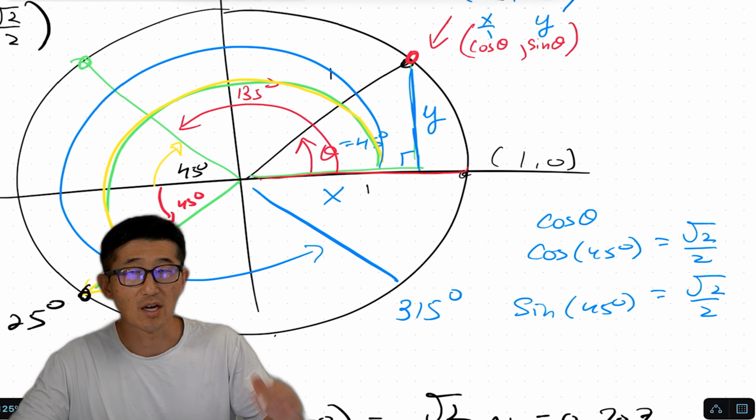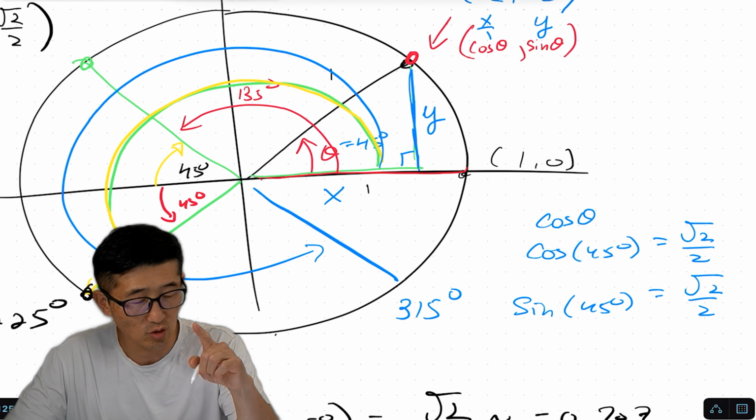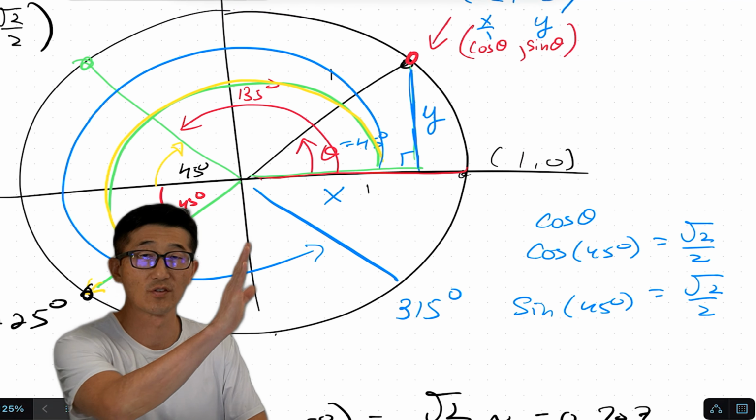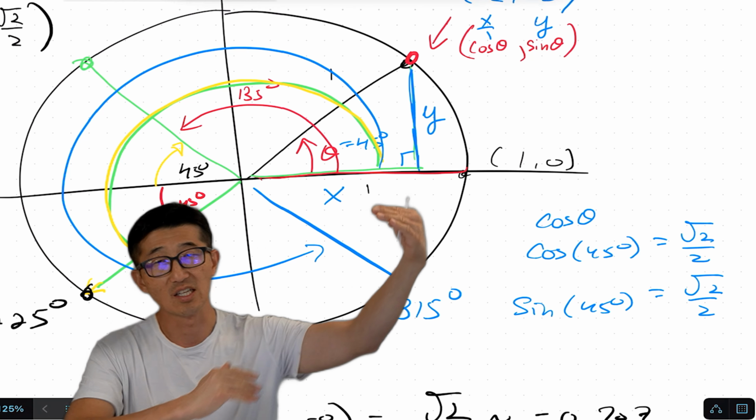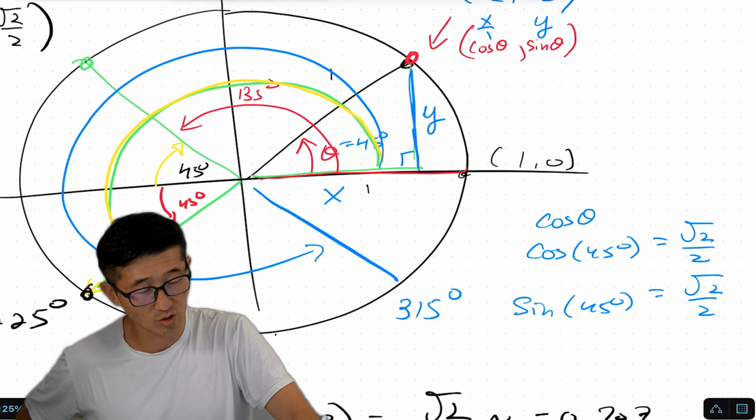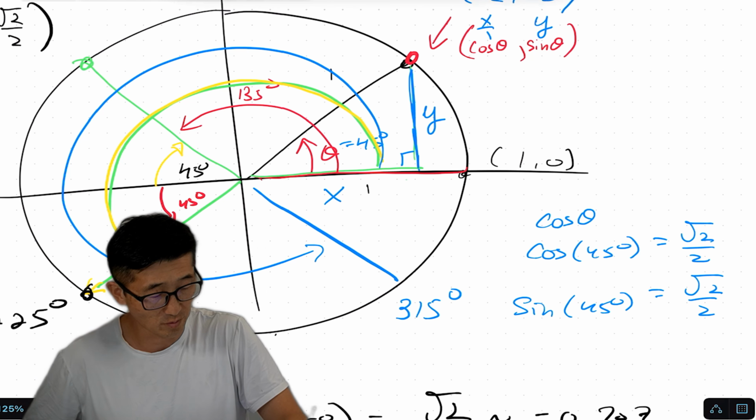Okay, now keep this in mind. You never want to measure reference angles based on the vertical line. So we don't want this to be 45, even though technically it is. It's always with respect to the horizontal line. Okay, so from here to here is 45 degrees. You guys get it? We don't want to measure it from the vertical pole here.